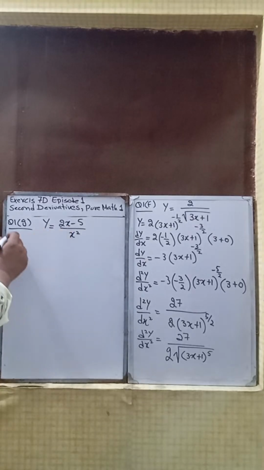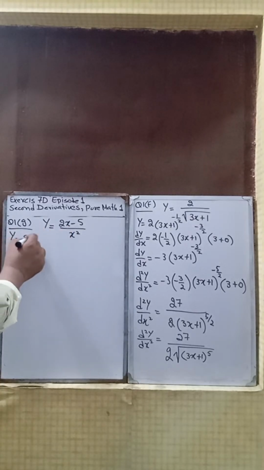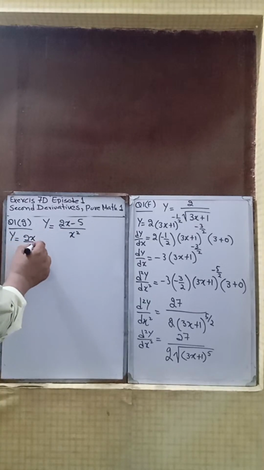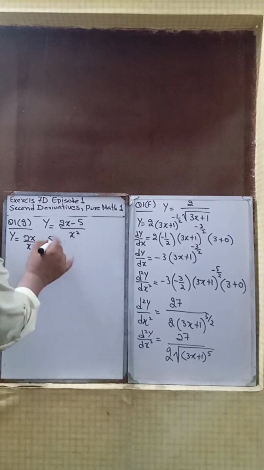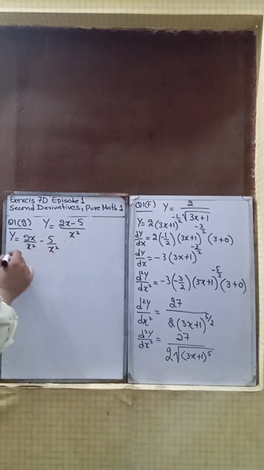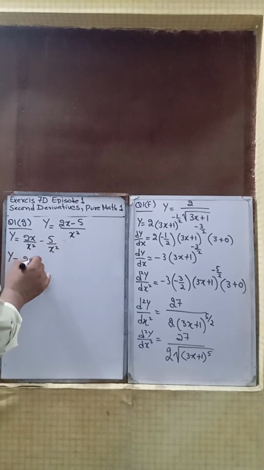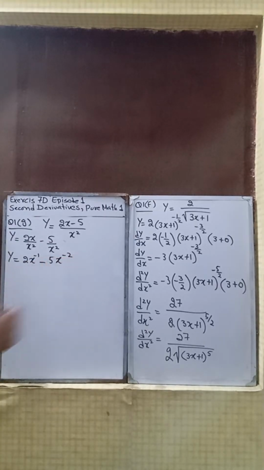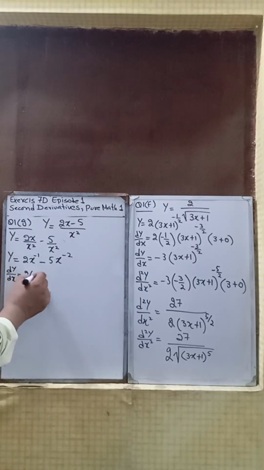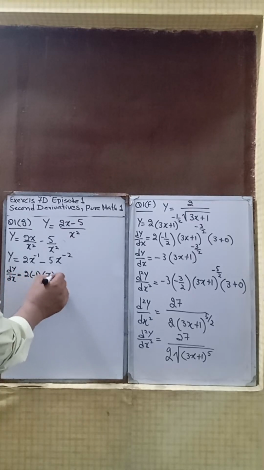So I will simplify this. y will be equal to 2x divided by x square minus 5 divided by x square. So y is equal to 2 raised to power x minus 1 minus 5 into x raised to power minus 2. Now I will differentiate it. So dy by dx is equal to 2 into minus 1 into x raised to power minus 2.